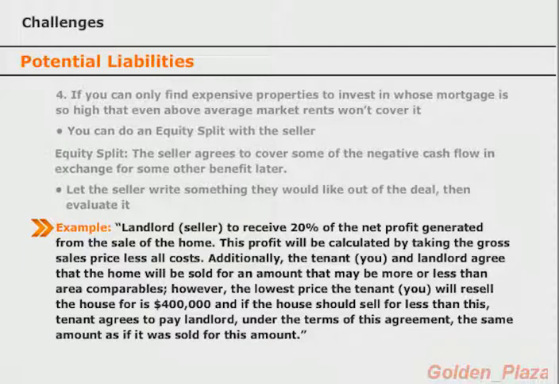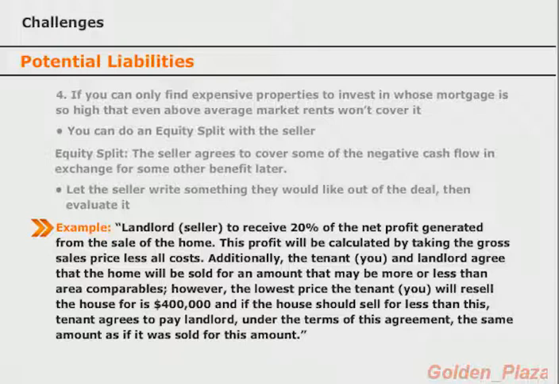You might consider something like this: landlord, or the seller, to receive 20% of the net profit generated from the sale of the home. This profit will be calculated by taking the gross sales price less all costs. Additionally, tenant, which is you as the investor, and landlord agree that the home will be sold for an amount that may be more or less than area comparables.